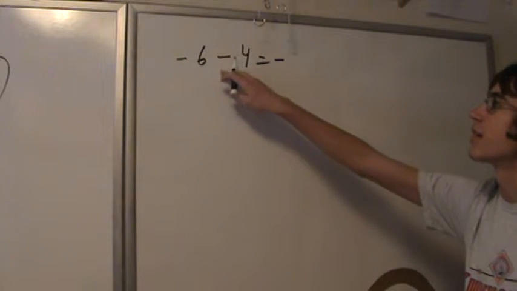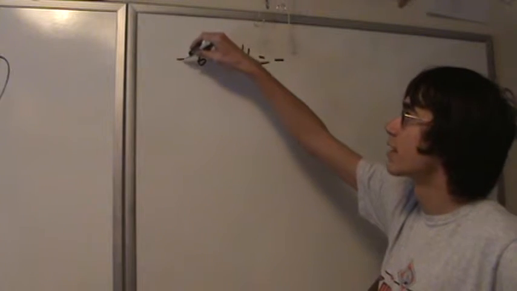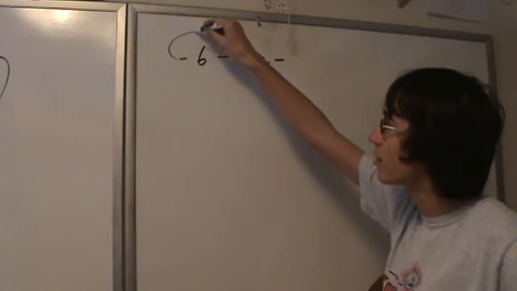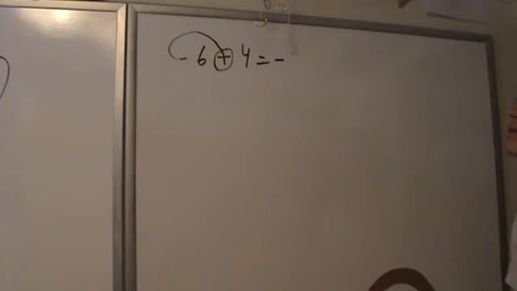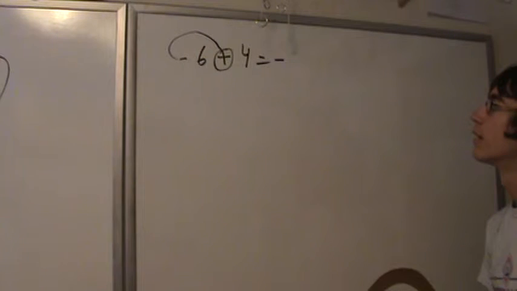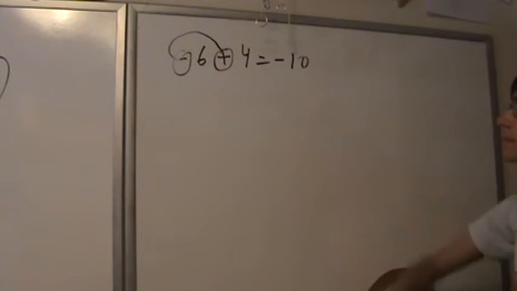So in this case, you see it's negative. This is a minus sign, and so this little deal comes up like this, and it makes a plus sign. Always. Just like over yonder, only it changed it to be negative. So 6 plus 4 is 10. Only the 6 is negative, so it's negative 10.